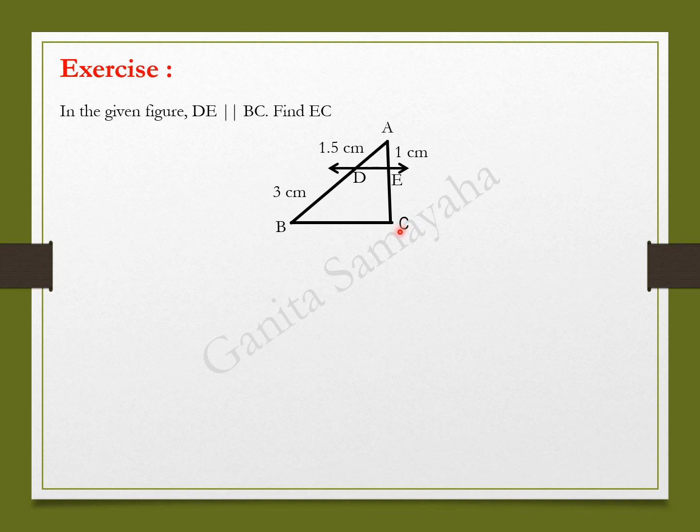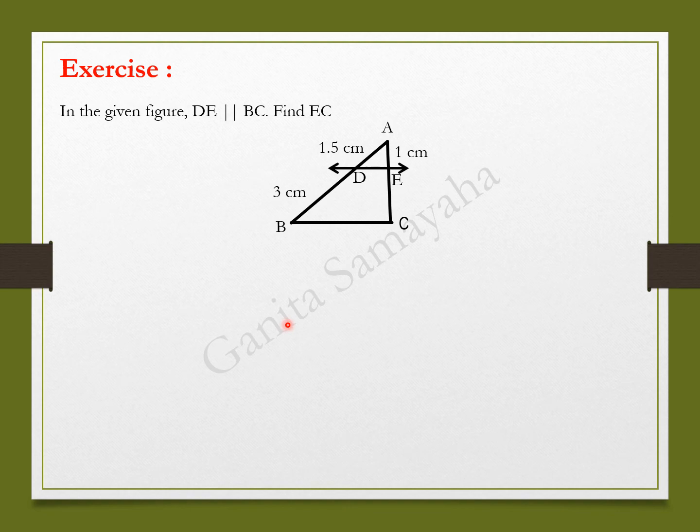Earlier when we did the same problem, what did we do? We tried to prove that these two triangles ADE and ABC are equiangular, and then we looked for the side opposite to the equal angles and then wrote the proportionality. Isn't it, children? And then we got AC. After getting AC, we found out EC. But now it has become very simple. So many steps have got condensed now.